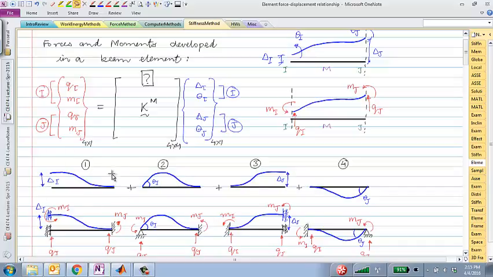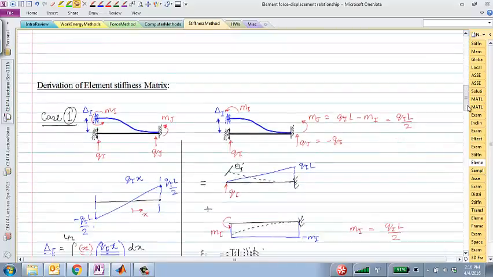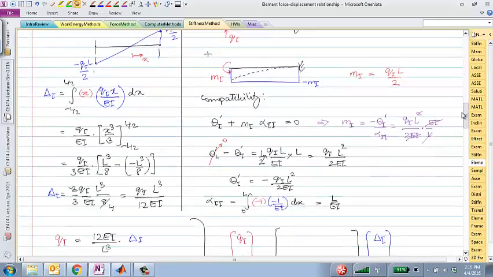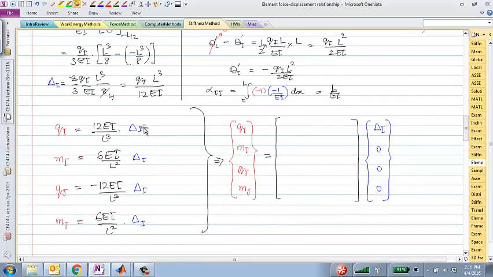We picked the first one, we tried to solve it, and the way we did that was to break it up into two parts, and that allowed us to relate QI, QJ, MI, MJ amongst themselves using the force method. Once we have that, we find the displacement here that relates QI to delta I. So that's what we did here. We found that QI in terms of delta I gives me these values, and using that we related all the other things.